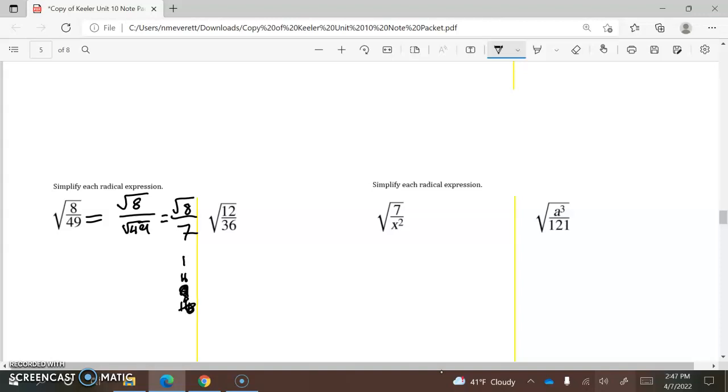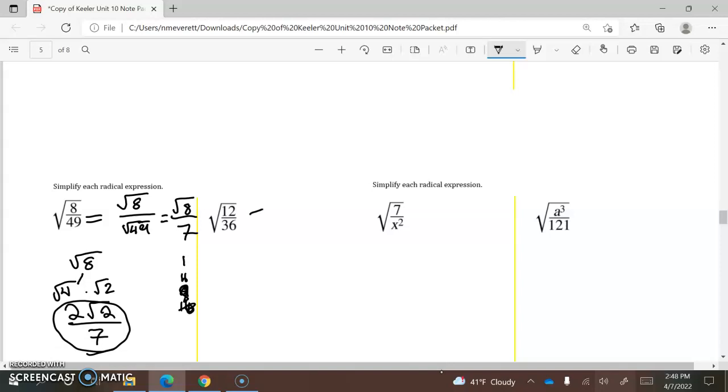And as I see, the number 4 goes into 8, so what I can do is break 8 up as the square root of 4 times the square root of 2. That'll become 2 square root of 2 over 7. And then with these numbers out front now, I can treat them like a fraction and simplify it out. Unfortunately with this, 2 over 7 really won't simplify out. So that's basically what I am left with, 2 square root of 2 over 7.